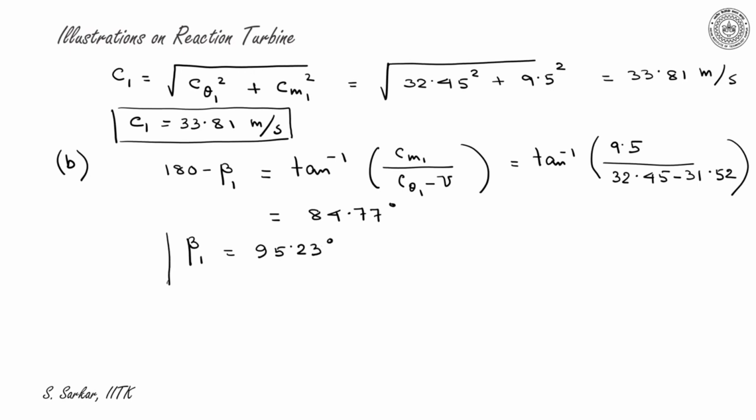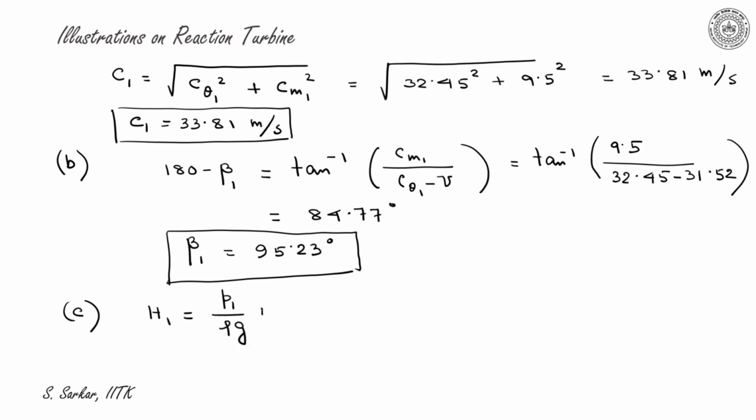Similarly, H2 would be equal to P2 by rho G plus C2 square divided by 2G plus Z2. This should be Z1. So I have put the expression of H1 and H2, that is total head at inlet and total head at exit.